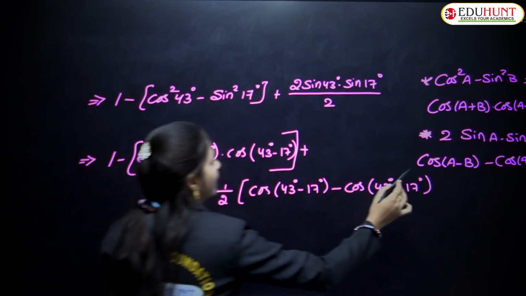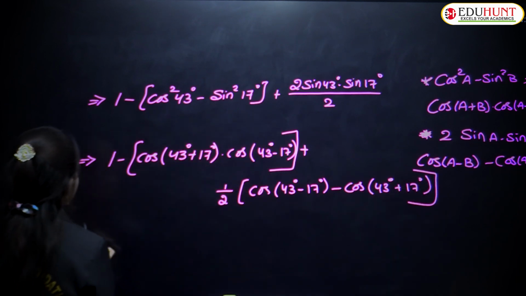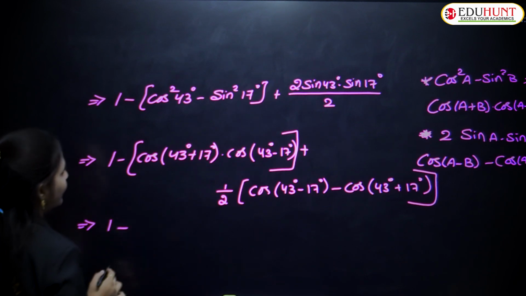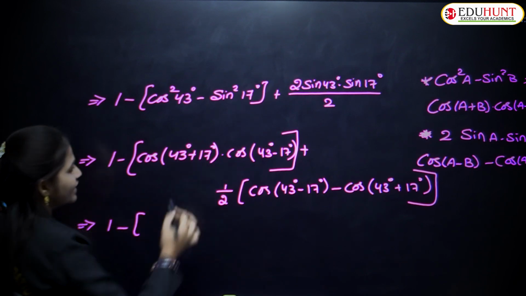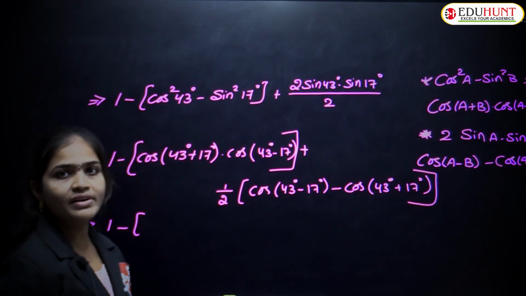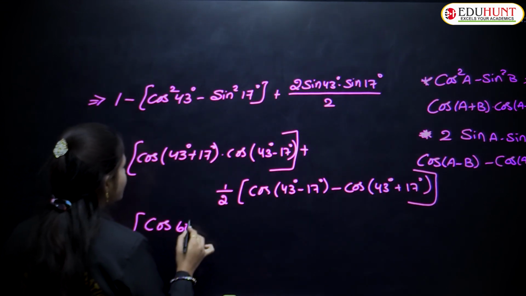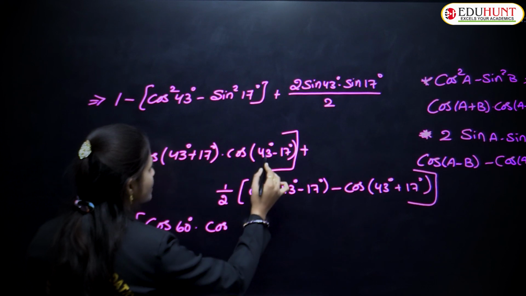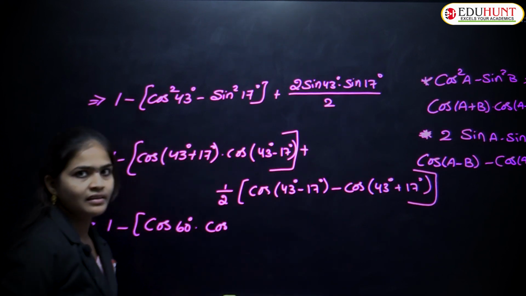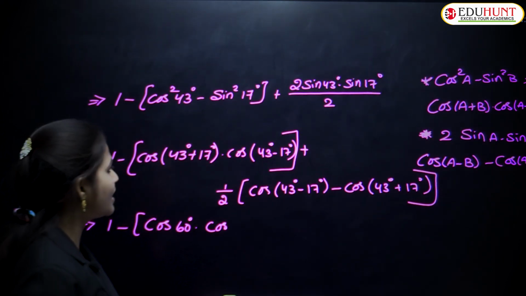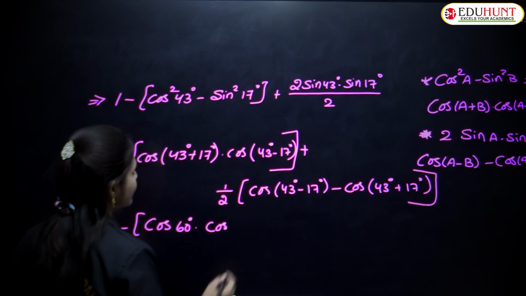Brackets closed. So from this, 1 minus cos of 43 plus 17, which is nothing but 60 degrees, so cos 60 degrees into cos of 43 minus 17, which is 26 degrees.